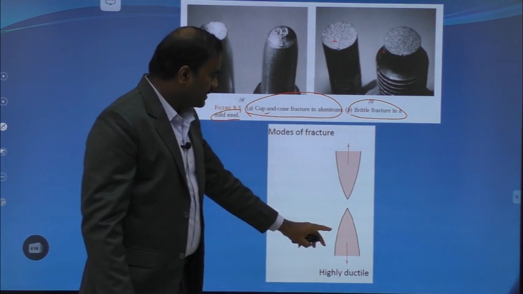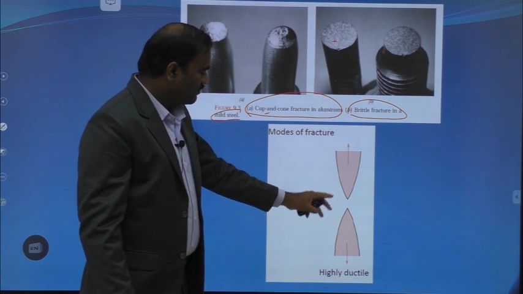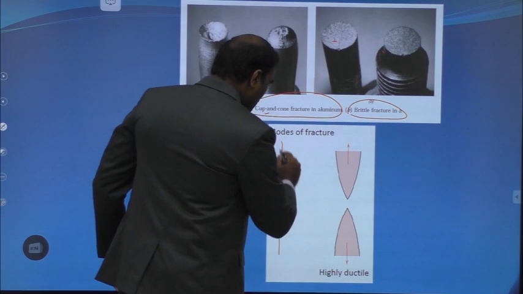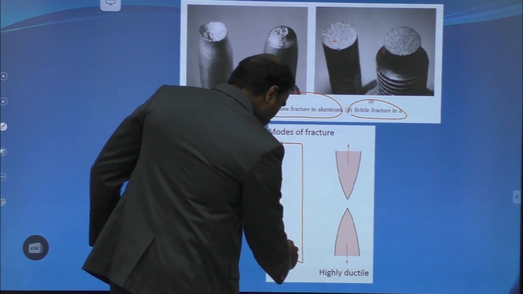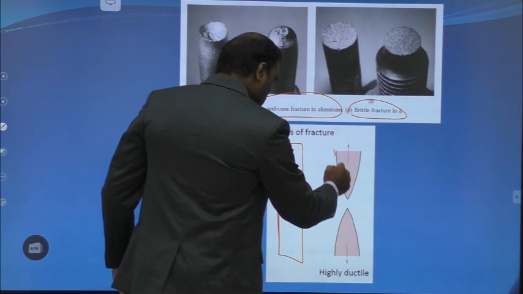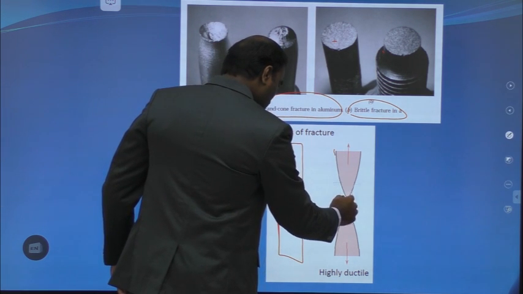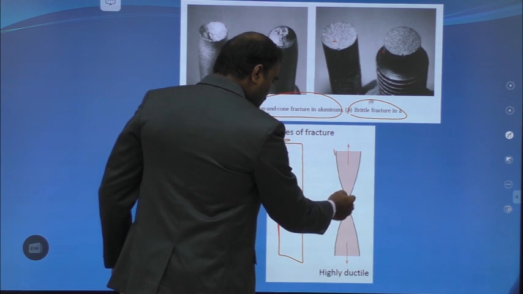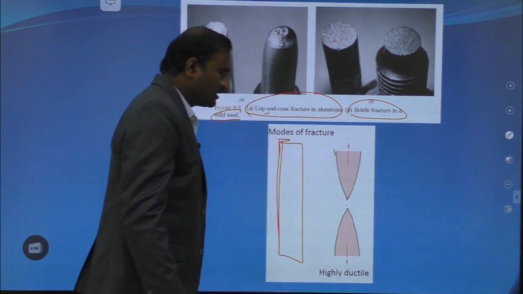In a highly ductile material, the fracture will be like this. Initially the material will be like this. As you apply force, it stretches and becomes like this. After breaking into two pieces, their edges will be very sharp.